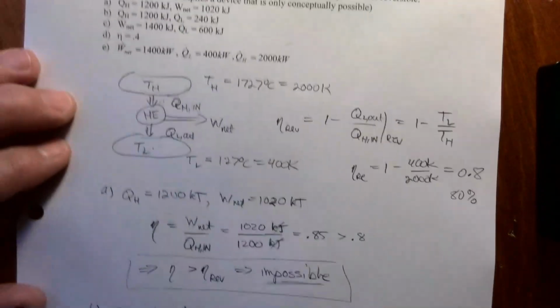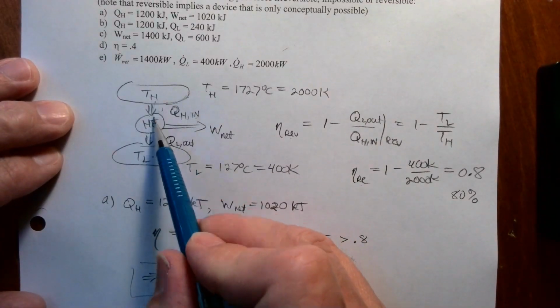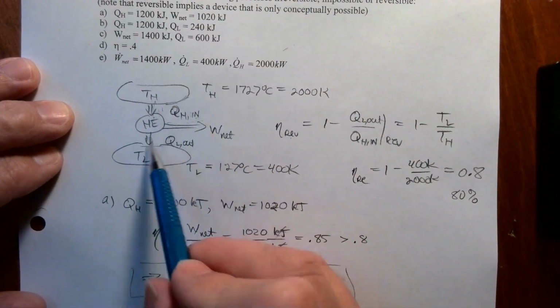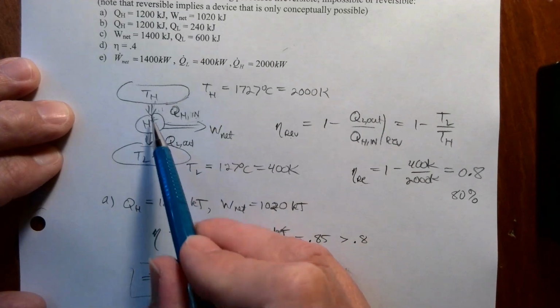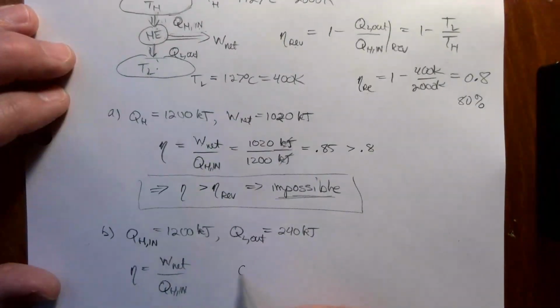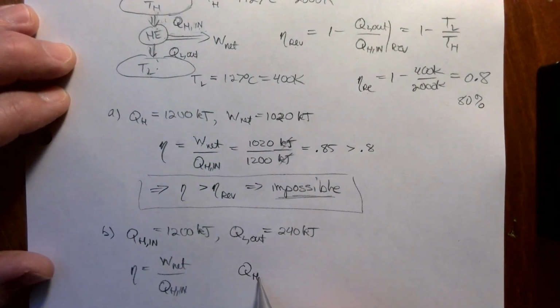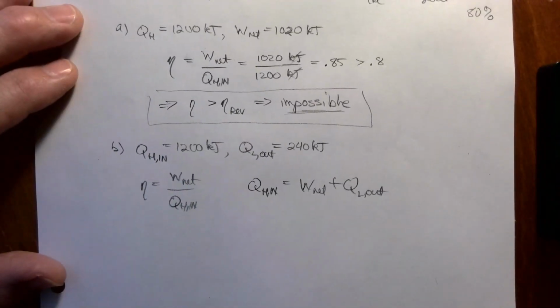The way I would write an energy balance is I would look at the arrows. Q in is equal to W net plus Q out, right? This coming in is split between these two going out, so I would write QH in is equal to W net plus QL out.